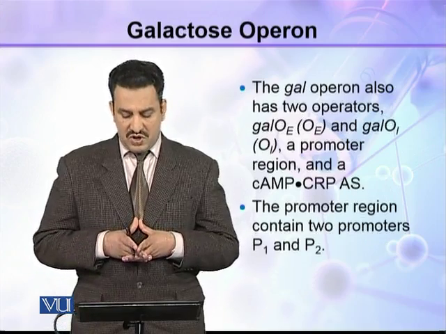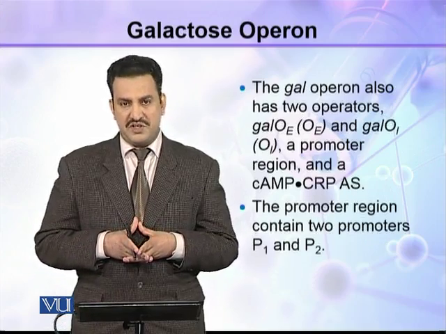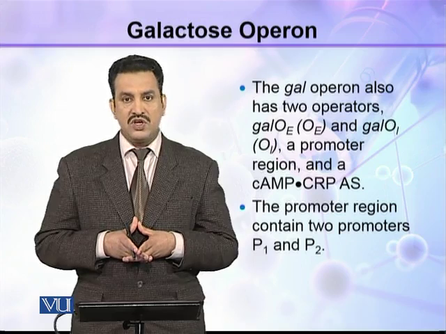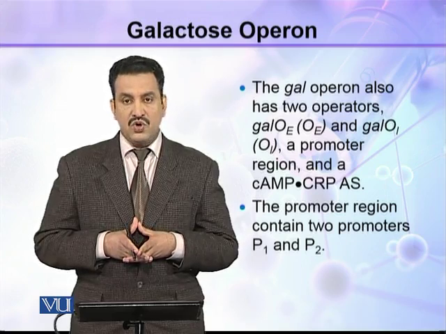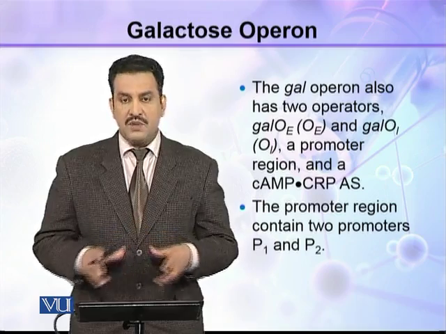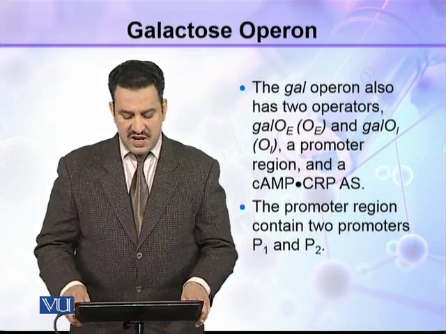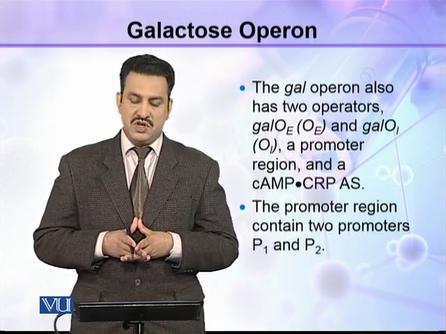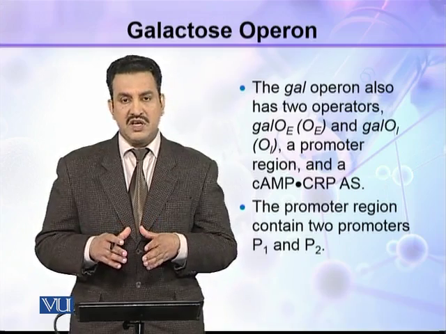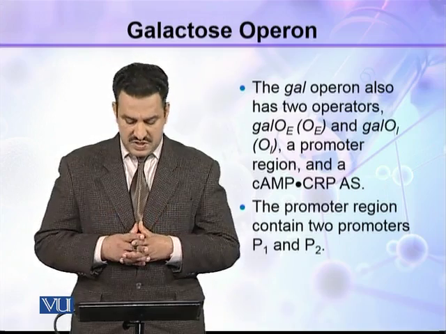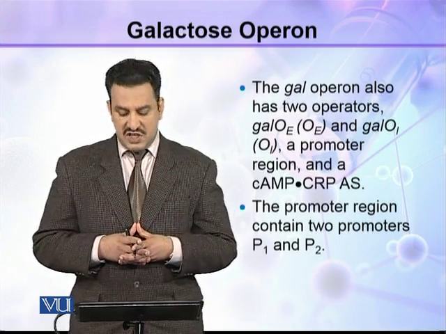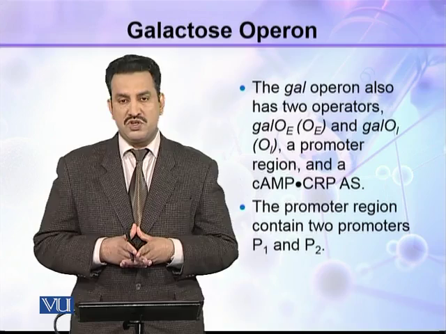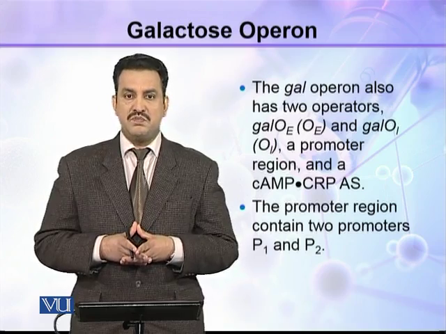The GAL operon also has 2 operators, that is GAL-OE and GAL-OI, a promoter region and a cAMP-CRP activator site. So all these things are there in a GAL operon. The promoter region contains 2 promoters, that is P1 and P2.